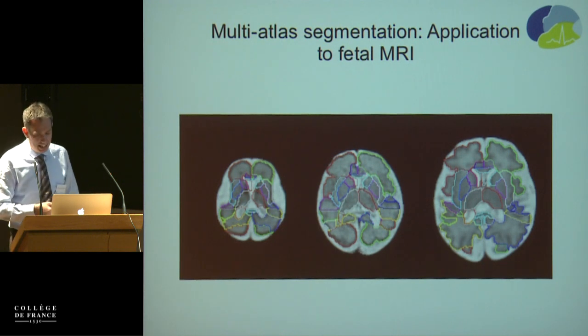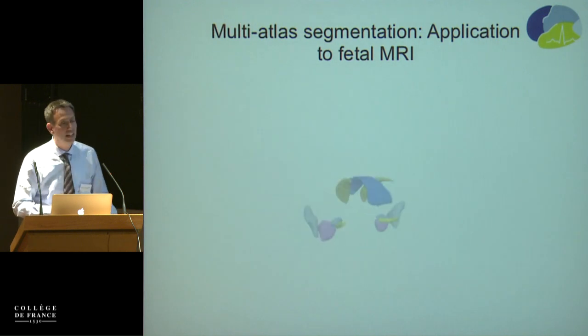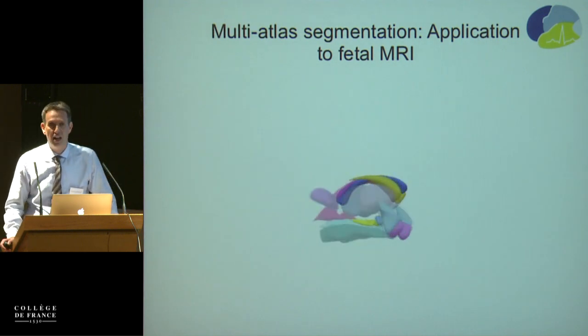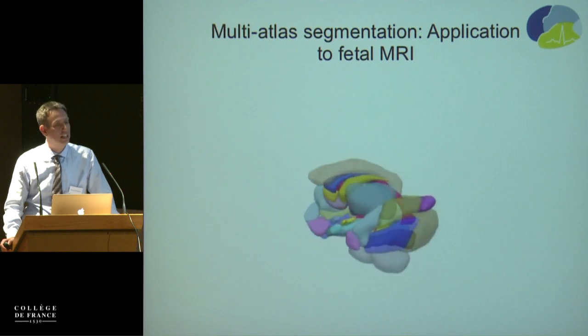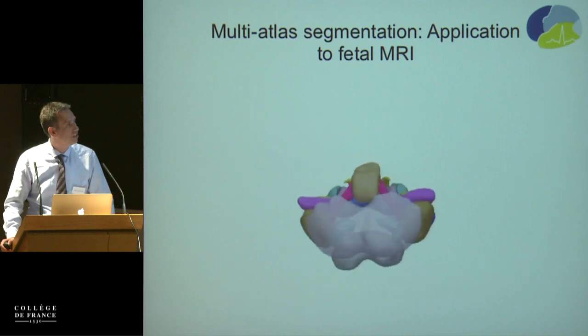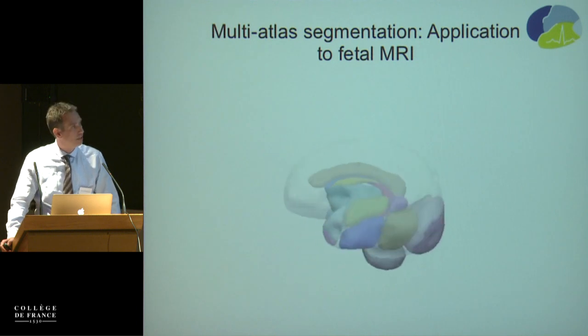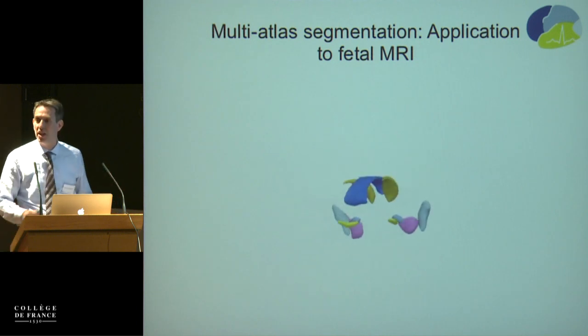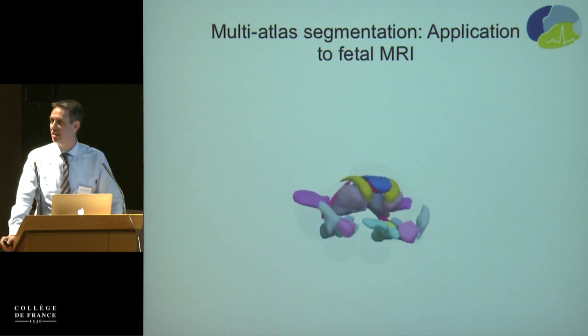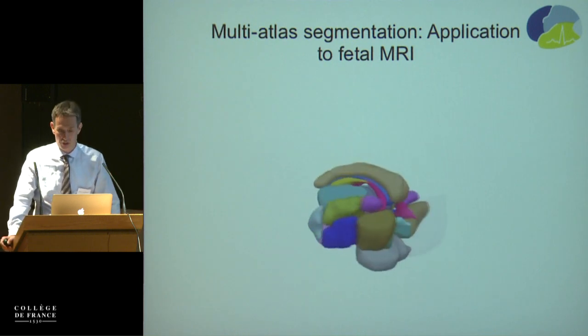Because we also have these data sets acquired in 3D, we can of course also now look at the 3D anatomy, study the 3D volumes and shapes of all those brain structures in quite a lot of detail. So this tells you quite a lot about a single subject, how a single subject is growing.